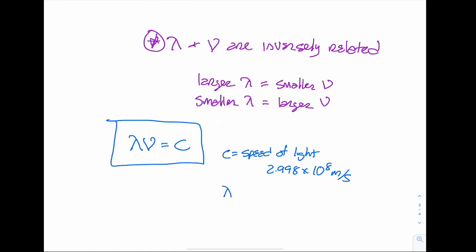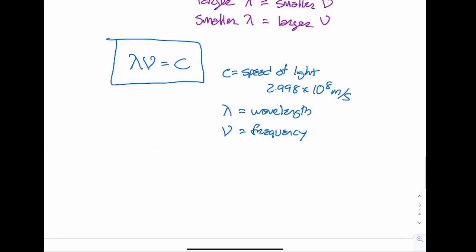And again, lambda is my wavelength, we already did the speed of light, and nu is my frequency. We can do an example problem.